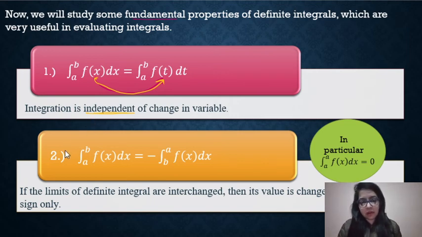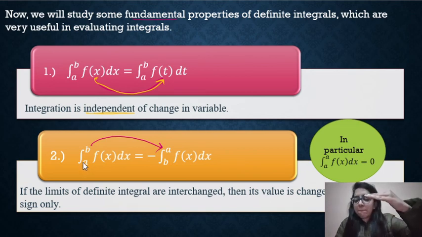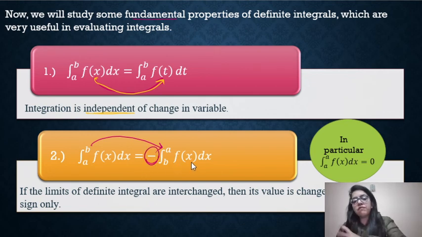And what is the second property saying to us? Integral from a to b of f(x) dx is equal to minus integral from b to a. We have just interchanged the limits. Here we are traveling from a to b, but now we are traveling from b to a with a minus sign, and the same function f(x) with respect to dx.